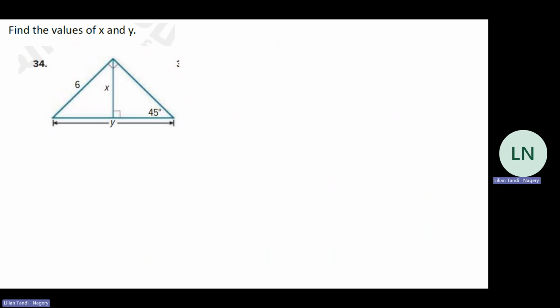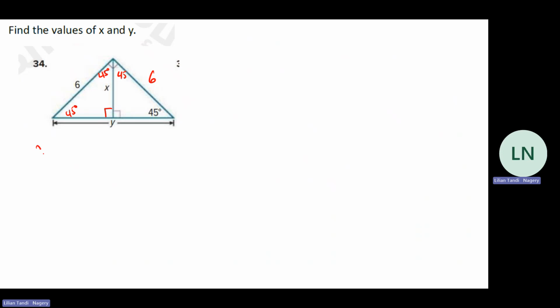Let's find. Okay. If this is 45, so this is 45. And if this is 45, this is also 45. And this is 90. So if this is 6, this also has to be 6. So let's find y. Okay, we can find x.